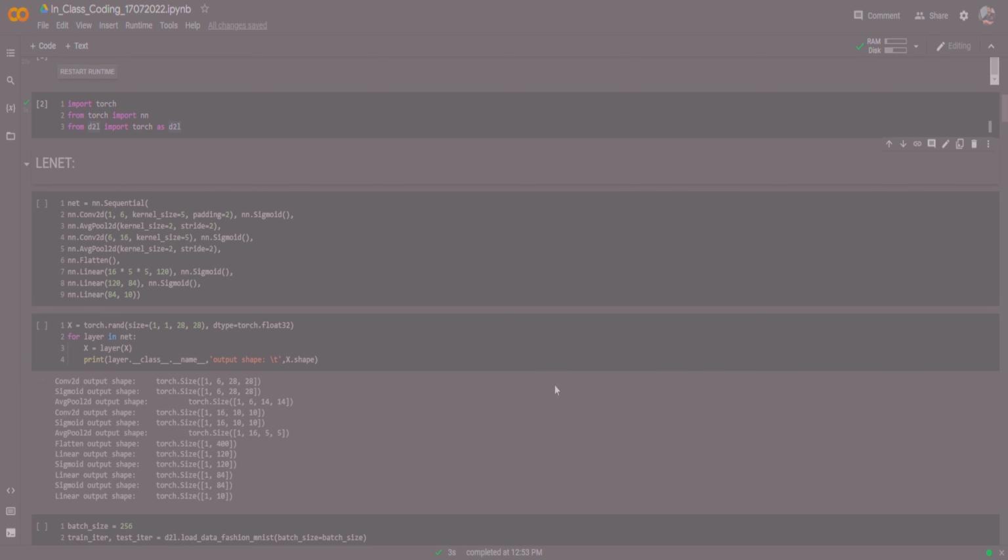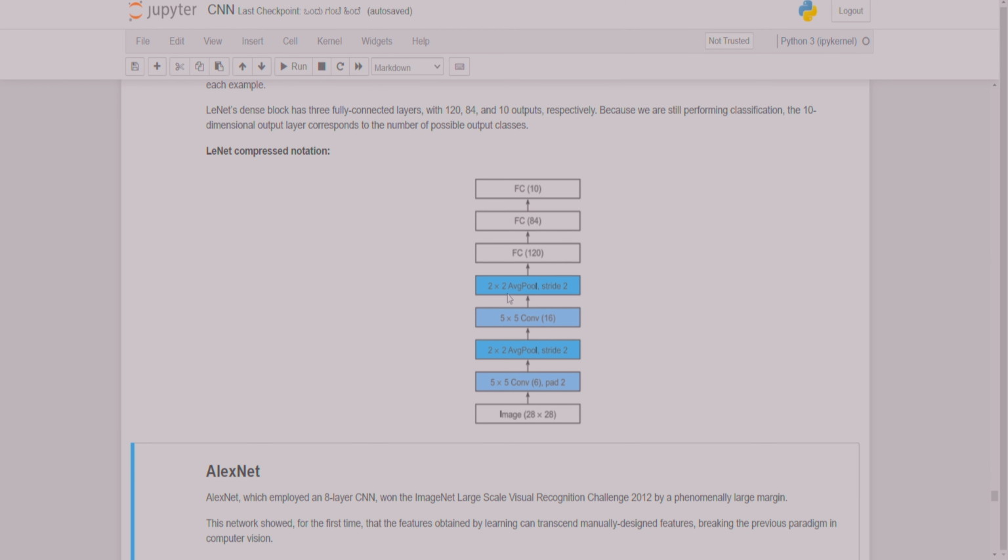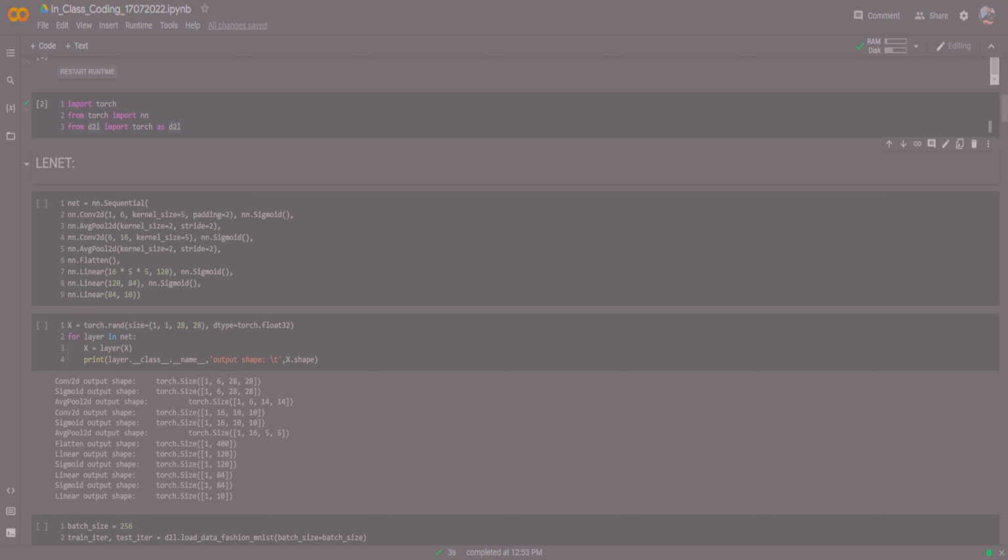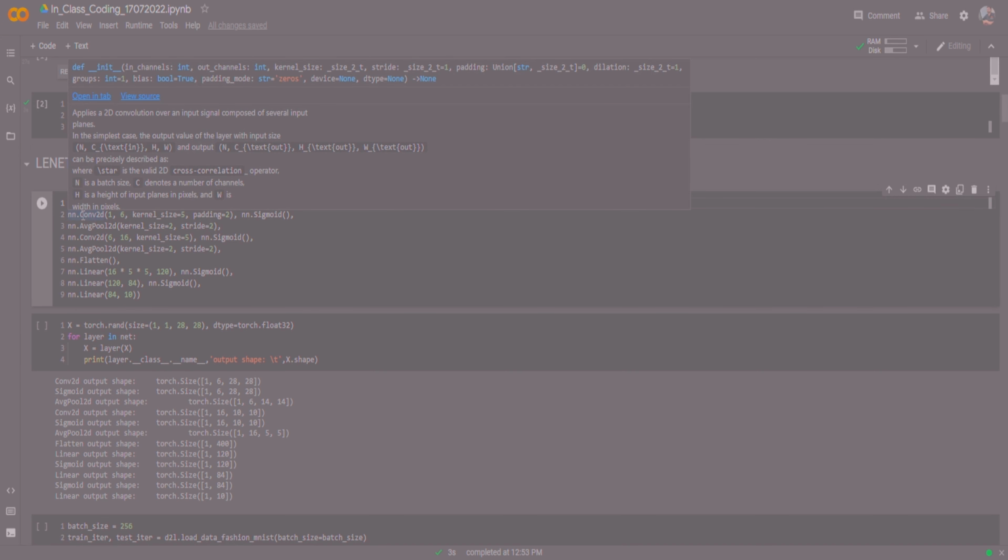Try to recall the structure. Don't worry, you may not be able to recall the diagram. Let me quickly show you this. We are trying to write code to implement this, that's all. You can see it's an nn.Sequential, and first is a convolutional 2D layer.